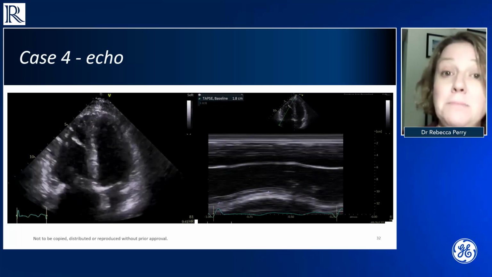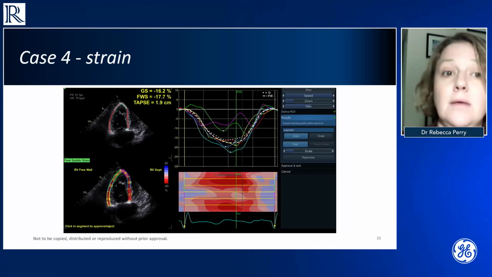Her TAPSE is a bit better, but you can see that her right ventricular free wall strain is actually much better at minus 17.7%. What was the cutoff we said before? It was minus 17.9, so it's pretty close to this. But this is a chronic case where the right ventricular free wall has been able to adapt. These are patients that we also follow up with right ventricular strain quite regularly, comparing them to their own baseline.